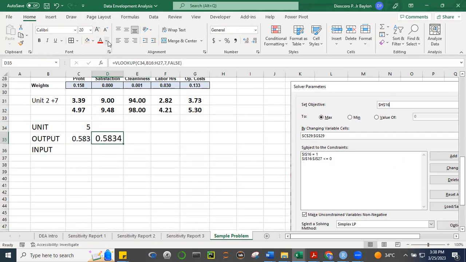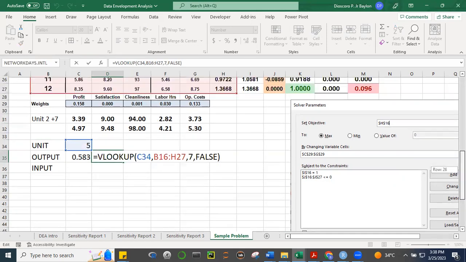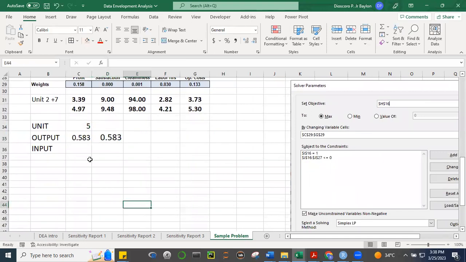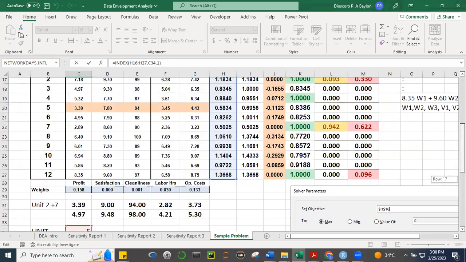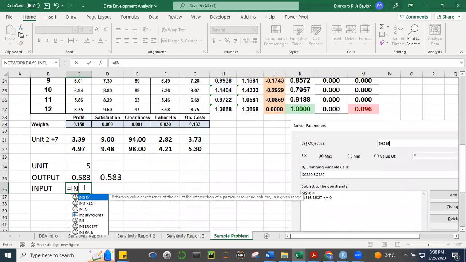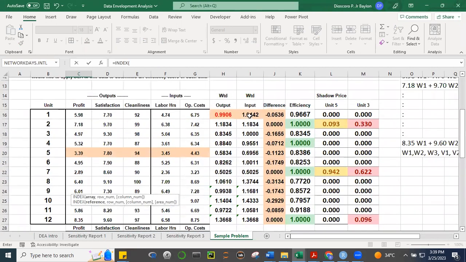Okay, but in terms of efficiency, in terms of a simpler formula, of course, you still have many things to highlight. This is a lot better, INDEX, because we only highlight one. And when we go to the input, same thing, equal to INDEX. This time, the array that you're going to highlight is the weighted input there.